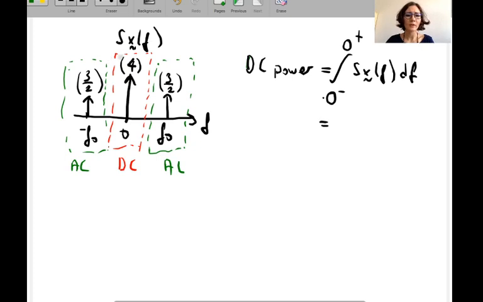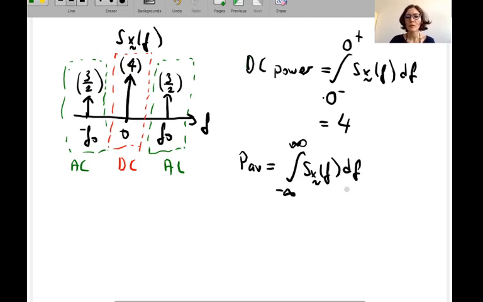So just actually extracting the strength of this impulse with this integral, it comes out as 4. And the average power would be the integral of the whole power spectral density on the whole real line, so Sx of f df from minus infinity to plus infinity. So when you do this integral, you're integrating over all these 3 impulses. So the integral will come out as 3/2 plus 4 plus 3/2, which makes 7.